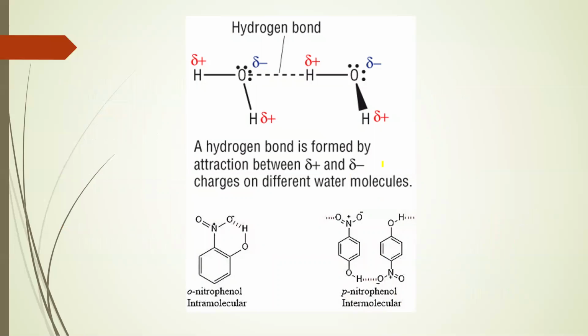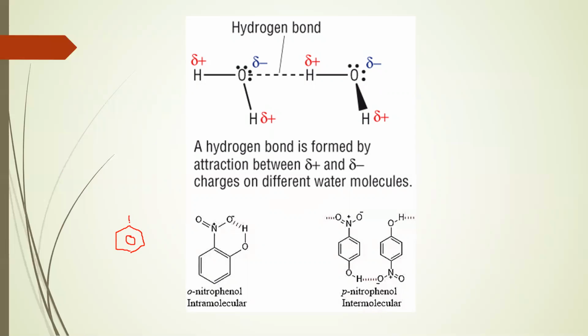So here is the example of an intermolecular hydrogen bond, and you can see this is the intramolecular one. Intramolecular means within the molecule. Orthonitrophenol: this is our benzene ring. I know I couldn't draw it very nicely, but still I'm trying.